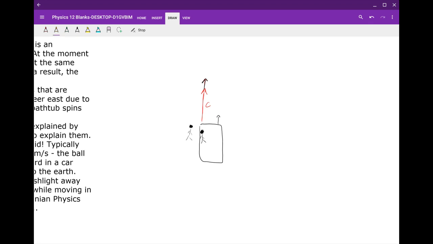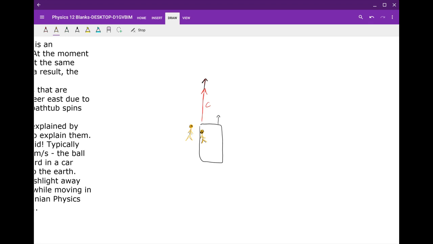But there's an issue with this. The problem is you now have two observers who see light traveling at two different speeds, and therefore that's not going to happen. Apparently, it doesn't happen this way.